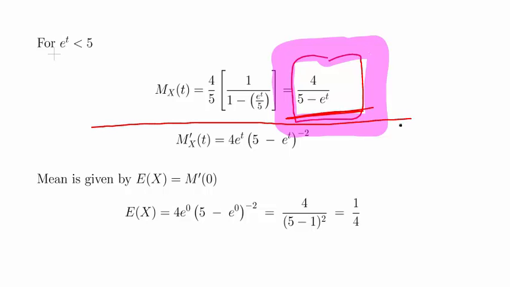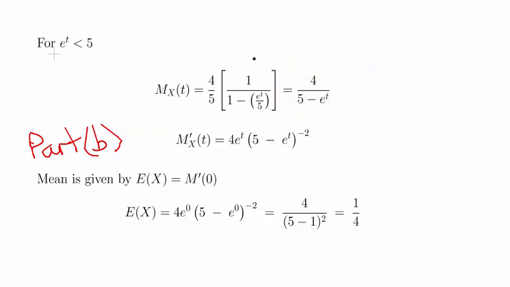So that's part A. And part B is as follows. Find the mean. Find the expected value. So we're going to get the derivative of the moment generating function and then evaluate it at 0. That's all we have to do.